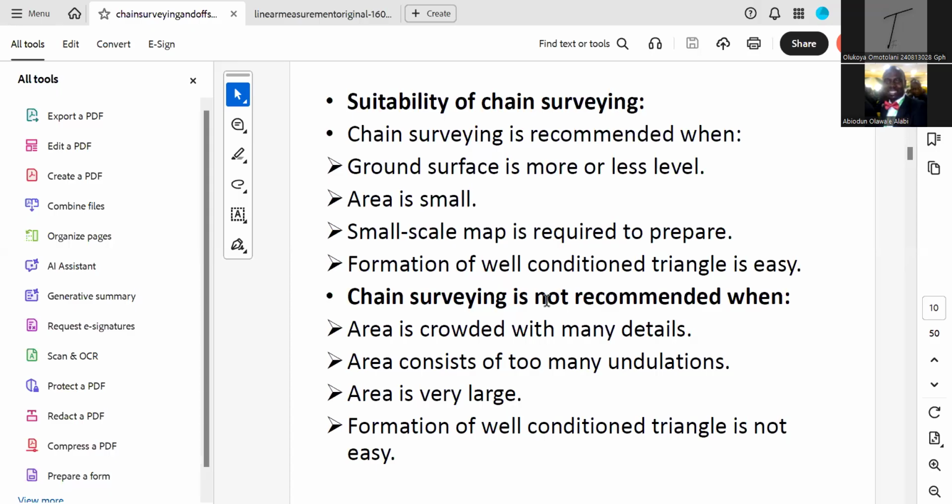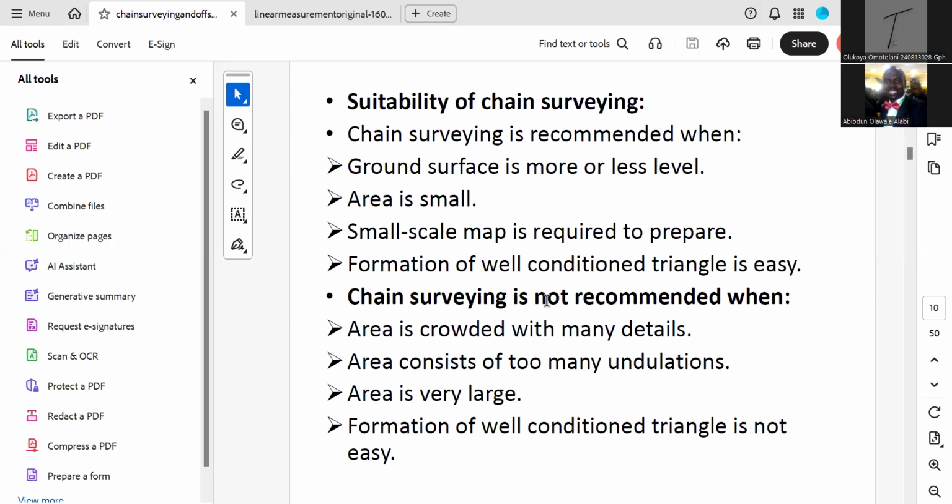So I've mentioned earlier that the principle of chain surveying is what? Triangulation. And what do we mean by triangulation? Creation of a series of triangles within the said area, to map the area of concern.